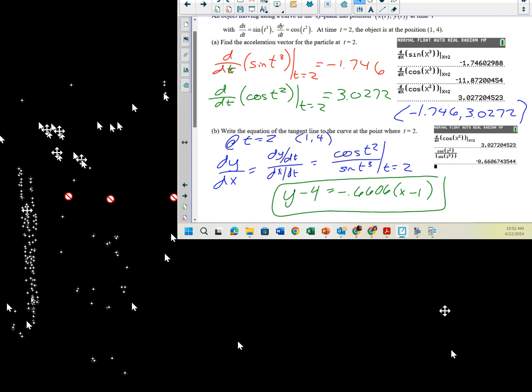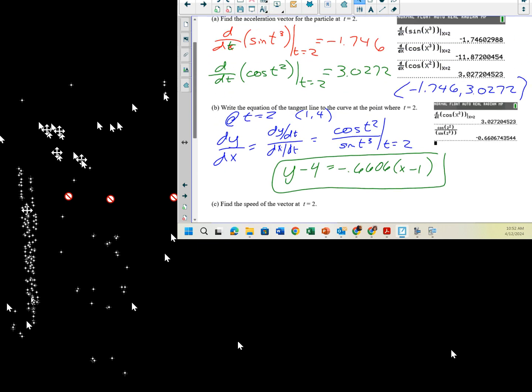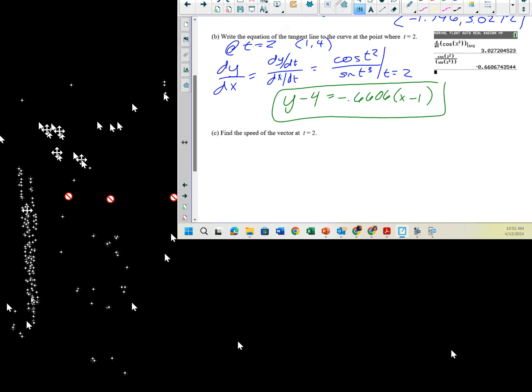Part C. Find the speed of the vector. That is the square root of the sine of 2 cubed, squared, plus the cosine of 2 squared, quantity squared.